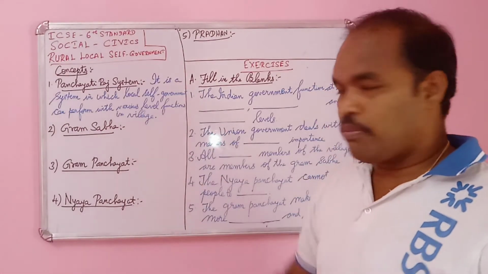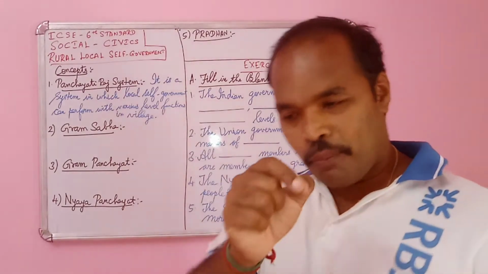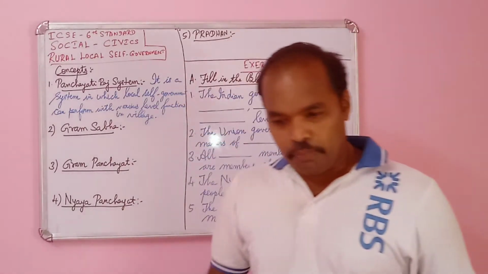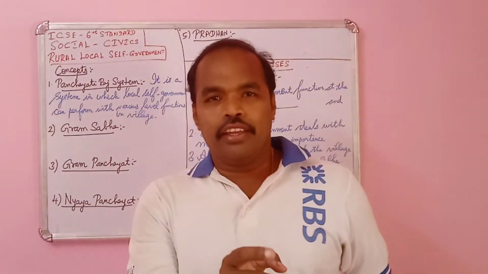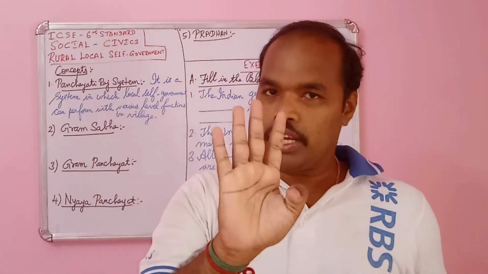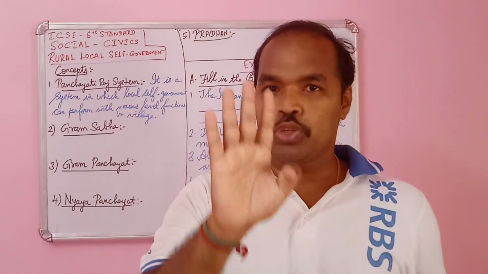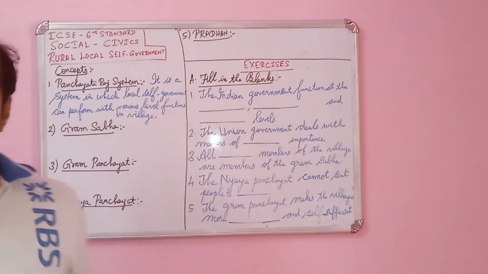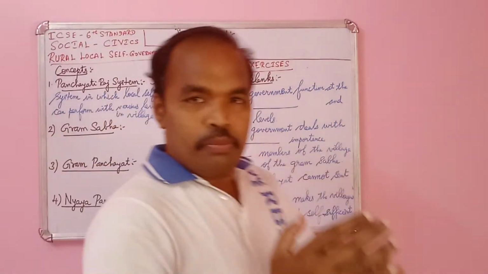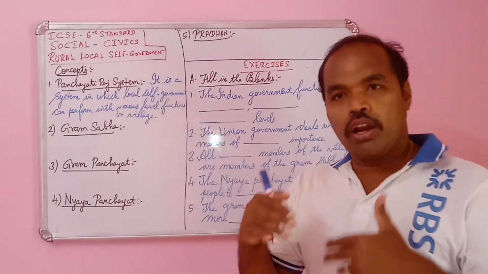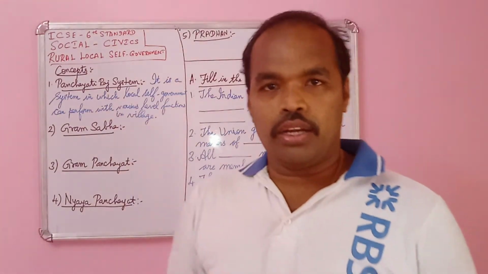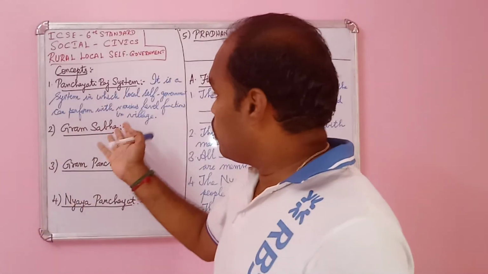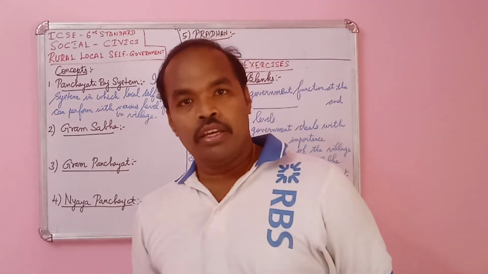Grama Sabha. What do you mean by Grama Sabha? In a panchayat, the Grama Sabha meeting should be held a minimum of 4 times yearly. All the adult members, that is, those above 20 or 21, can attend this Grama Sabha meeting.